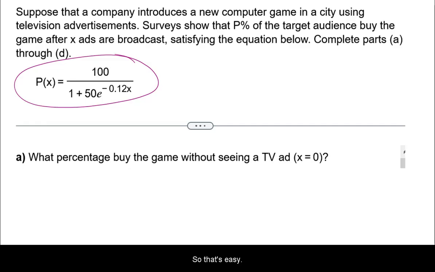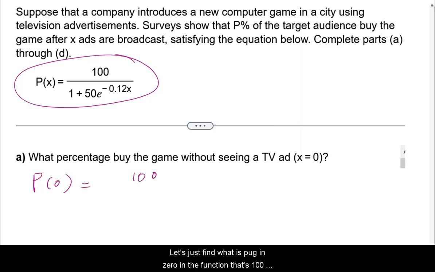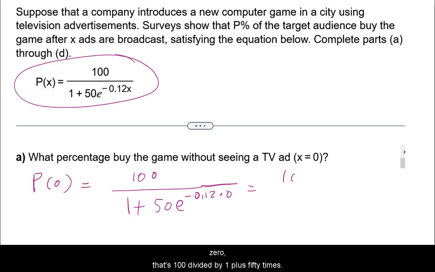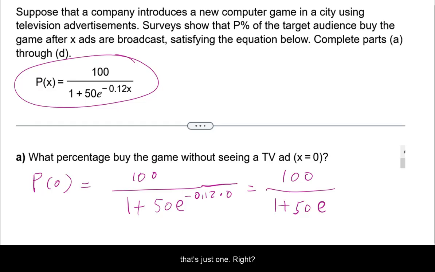So that's easy. Let's just find what is P of 0, plugging 0 into the function. That's 100 divided by 1 plus 50 times e to the negative 0.12 times 0. That's 100 divided by 1 plus 50 times e to the 0, which is just 1.